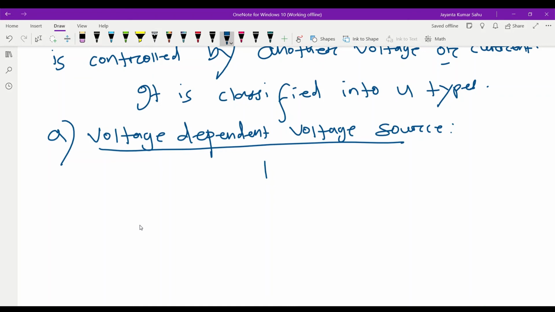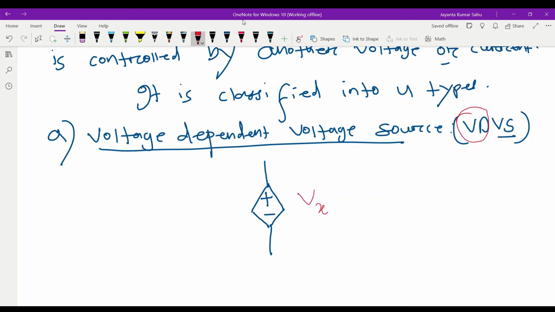Here we draw a diamond shape. Voltage dependent voltage source, in short form we write VDVS. In the last letters, VS means voltage source, hence we give positive, negative. Voltage dependent means we can tell Vx, that means what you understand, voltage dependent voltage source.